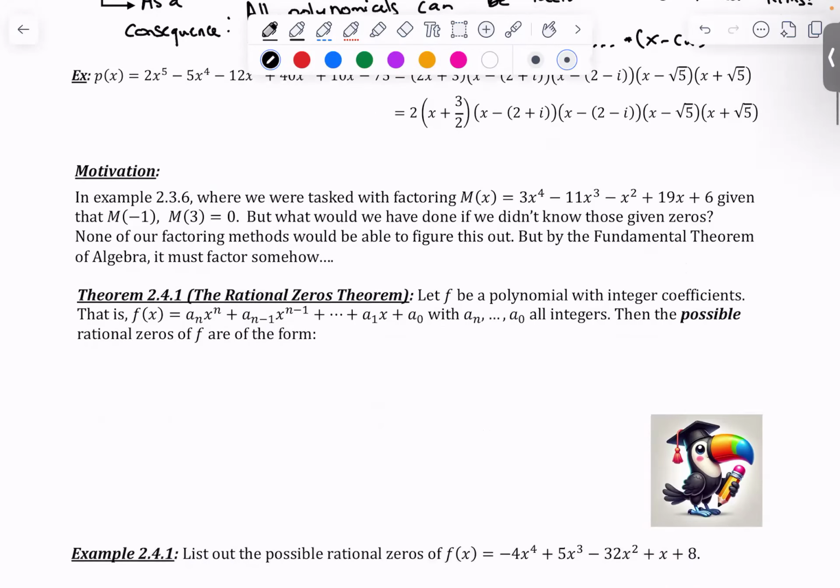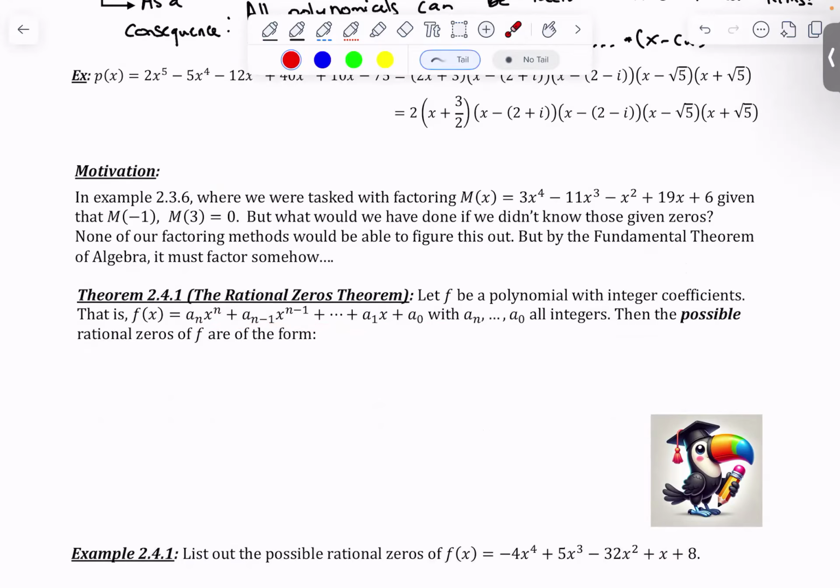Let f be a polynomial with integer coefficients. The rational zeros theorem only works with integer coefficients. That is, f of x is equal to a sub n x to the n all the way down to a sub 0, where a sub n through a sub 0 are integers.